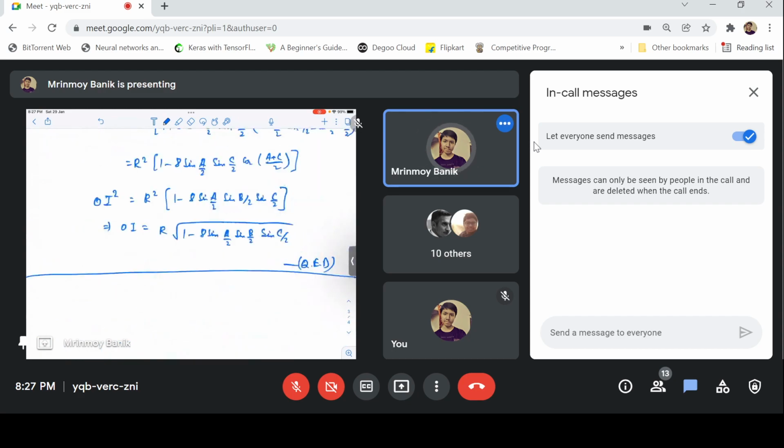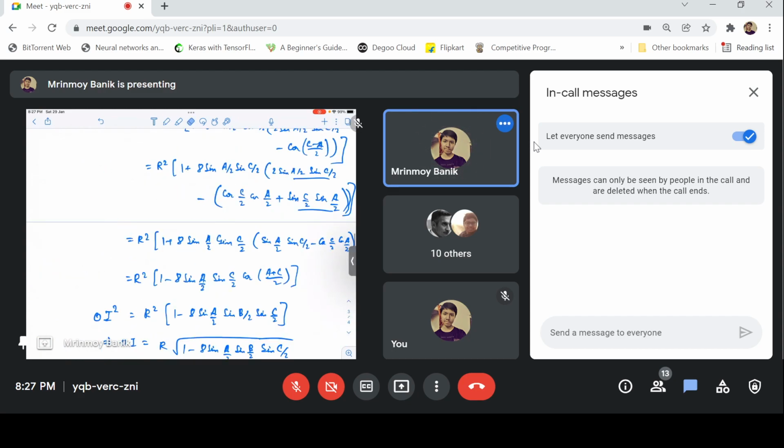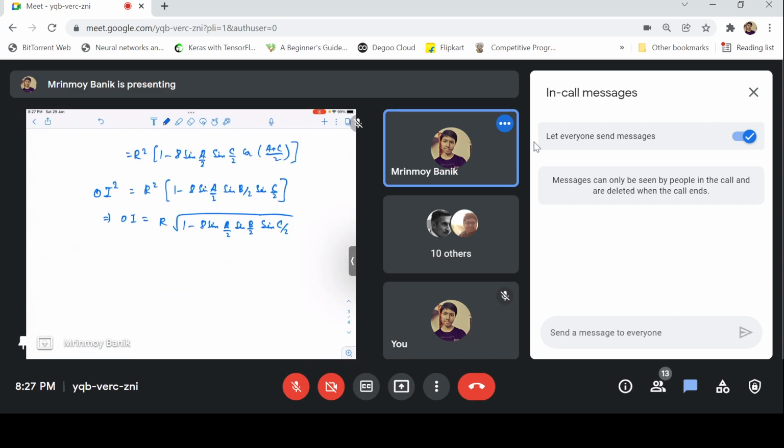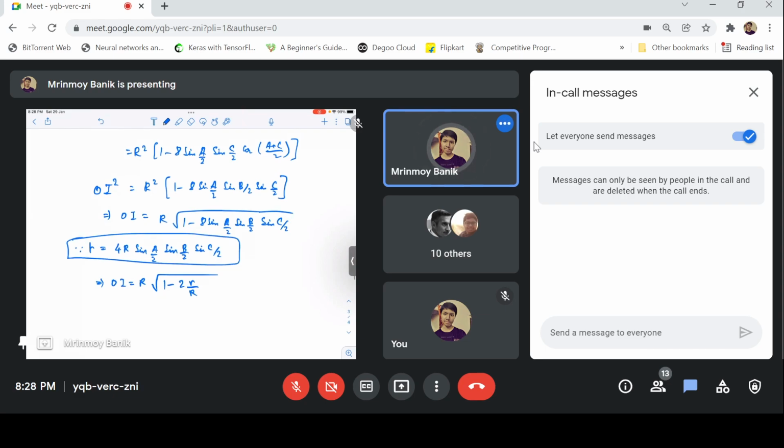So we needed a different form this time. Yeah, we can use that same fact again, that small r is 4 capital R times sine A by 2 sine B by 2 sine C by 2. So it's R squared minus 2Rr.